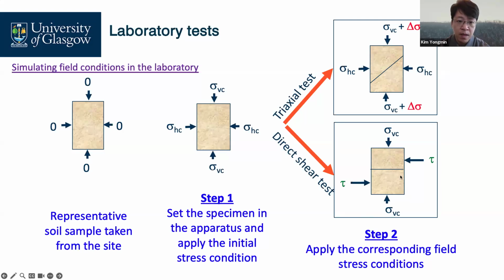We fix the bottom cup, and then we apply force only to the cup above. Then we can get the soil's shear strength. But in this case, our failure plane is fixed. But in triaxial tests, we don't know the exact failure plane after the tests.